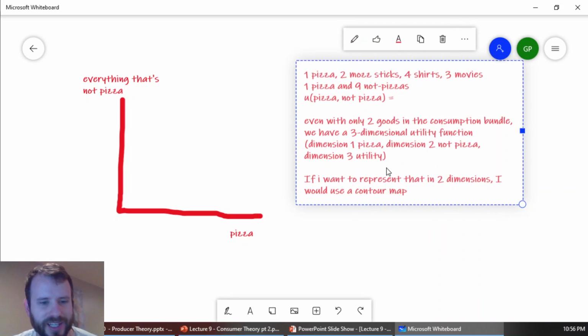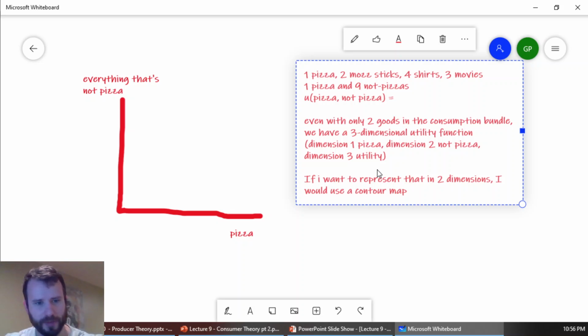If you've ever seen a map of the United States with different altitude levels colored differently, high altitudes might be colored blue, low altitudes red, and middle altitudes purple or something like that. That's a contour map.